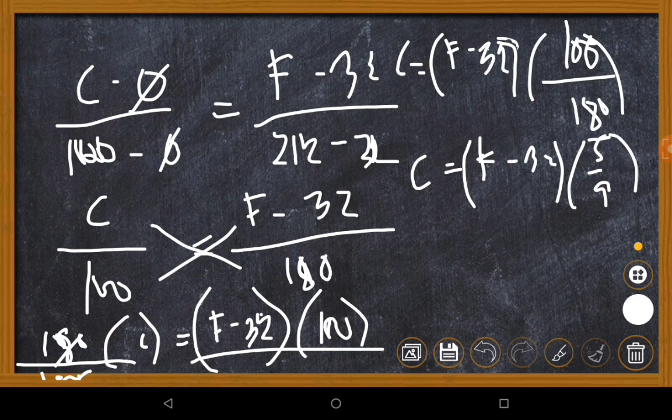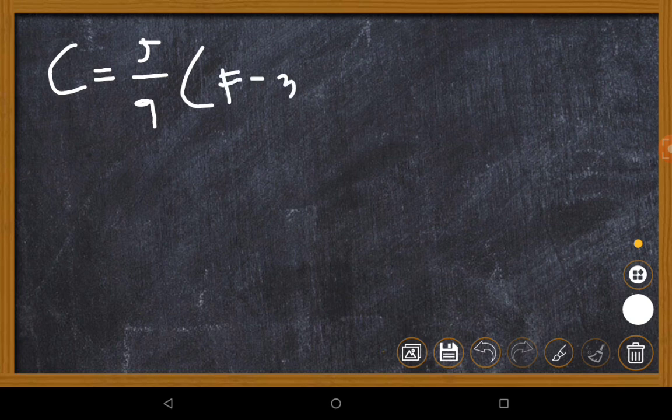Now rearranging this one, Celsius is equal to 5/9 multiplied by Fahrenheit minus 32.